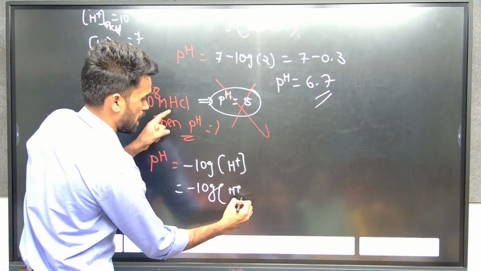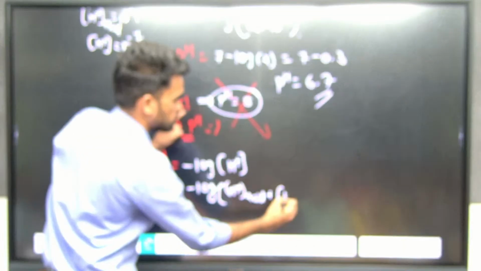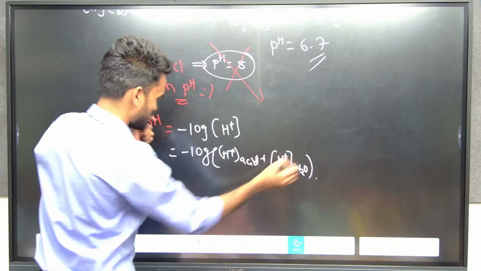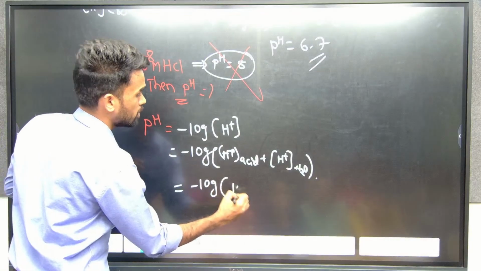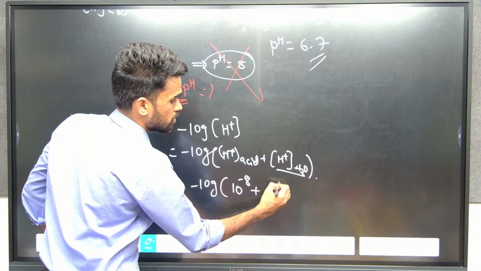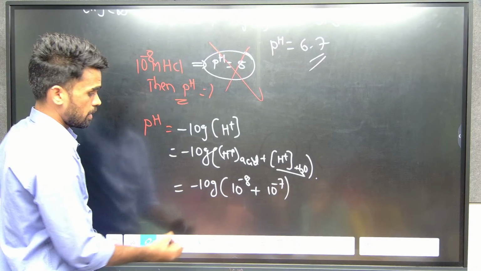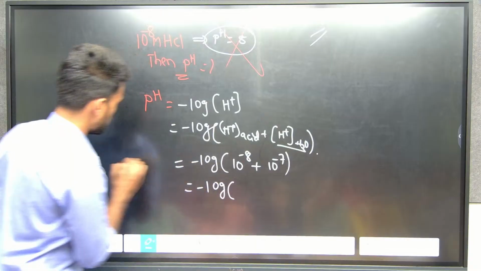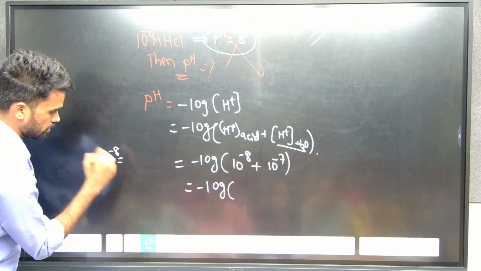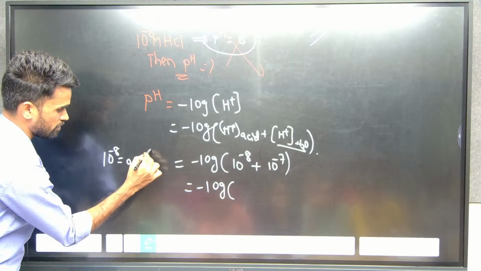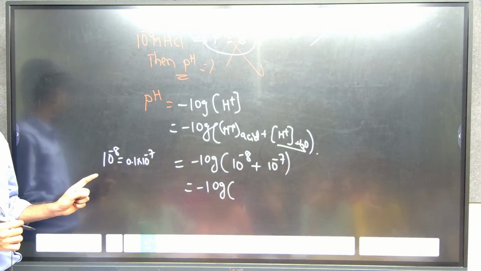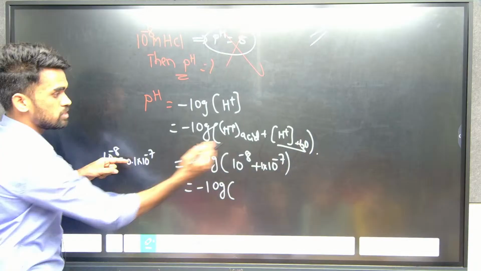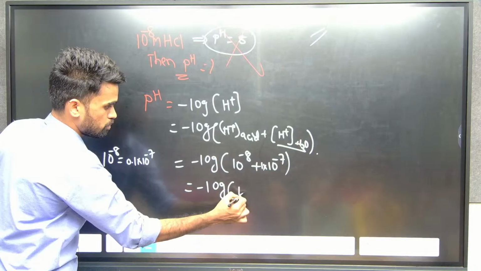Concentration of H plus ion from the acid plus concentration of H plus ion from water. Okay, minus log of 10 power minus 8 plus the water H plus ion, how much is that? 7. So what is the total? See this one, can I write 10 power minus 8 as 0.1 into 10 power minus 7? Can I write it like this? And 10 power minus 7 as 1 into 10 power minus 7? So adding these two numbers, it will be 1.1 into 10 power minus 7.